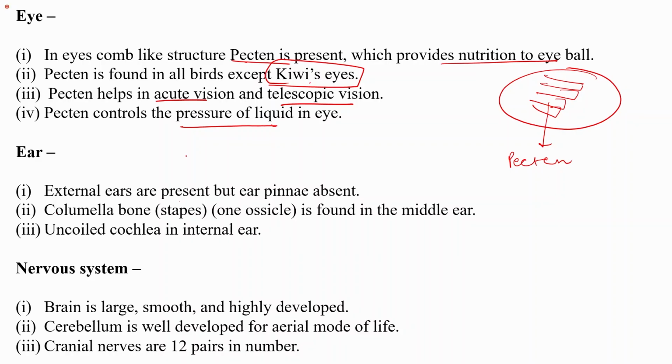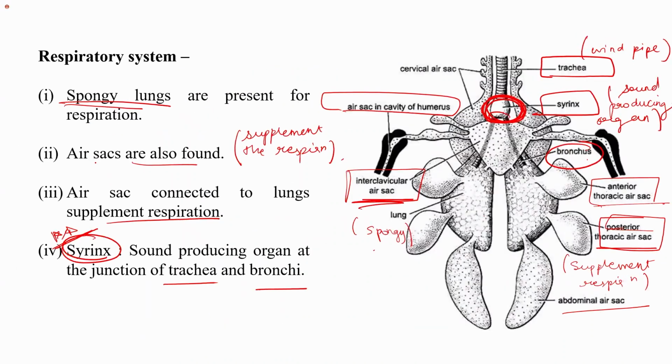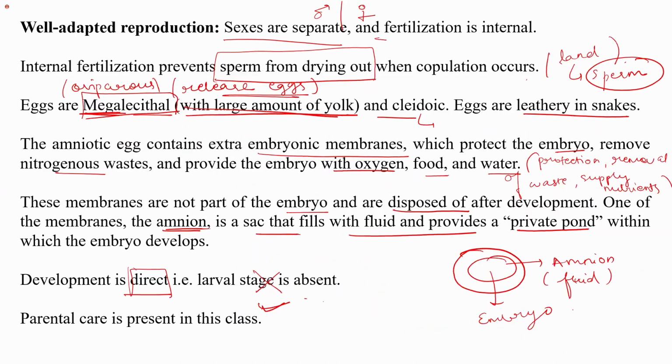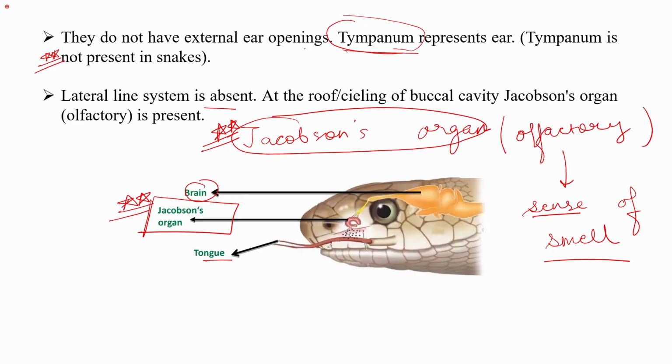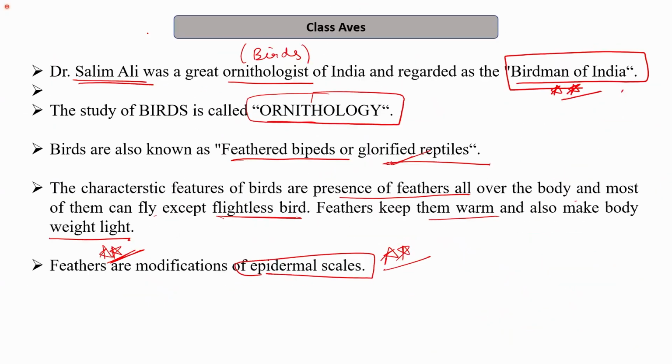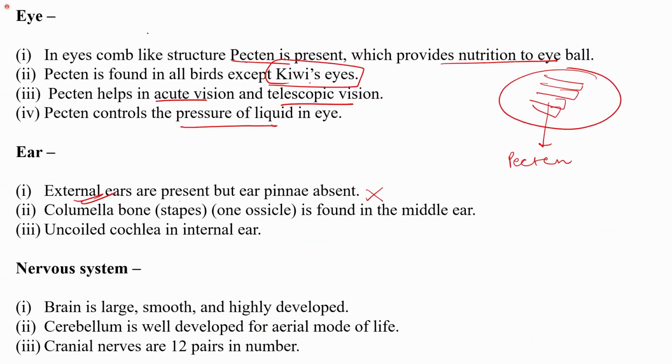External ears are present, but ear pinnae are absent. So, external ears are present in the birds, while in reptiles we see that they do not have any external ear openings. While in birds, they have an external ear. However, ear pinnae is absent.